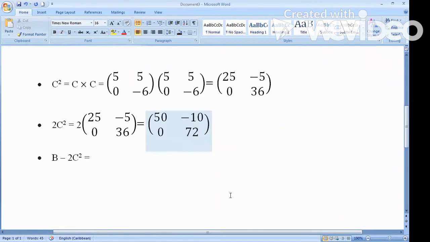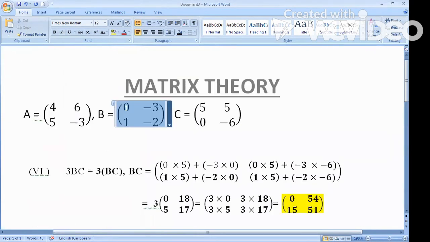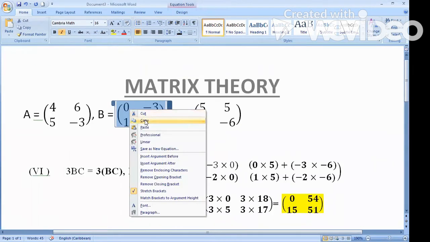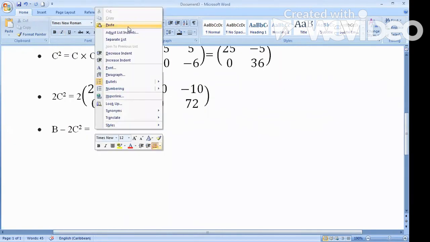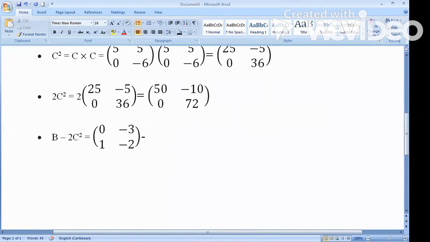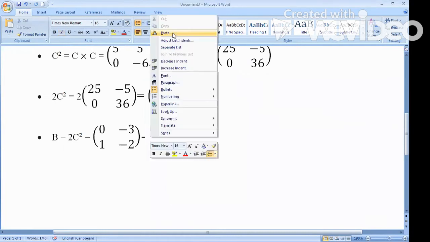All right. And then now we're at the last step. This is going to be B subtract this, not true? The 50 and the thing. Yes, sir.